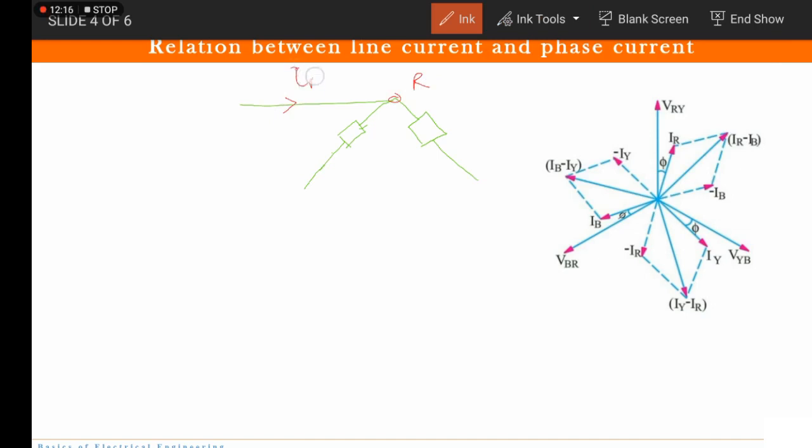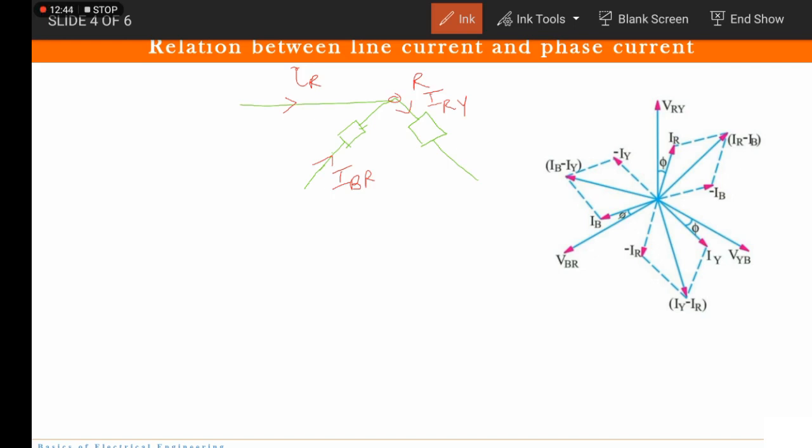This was IR. This current was IBR. And this current was IRY. Correct?